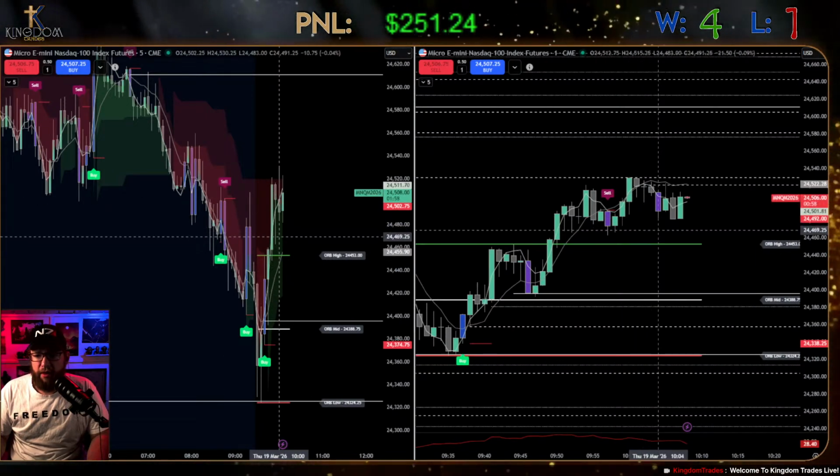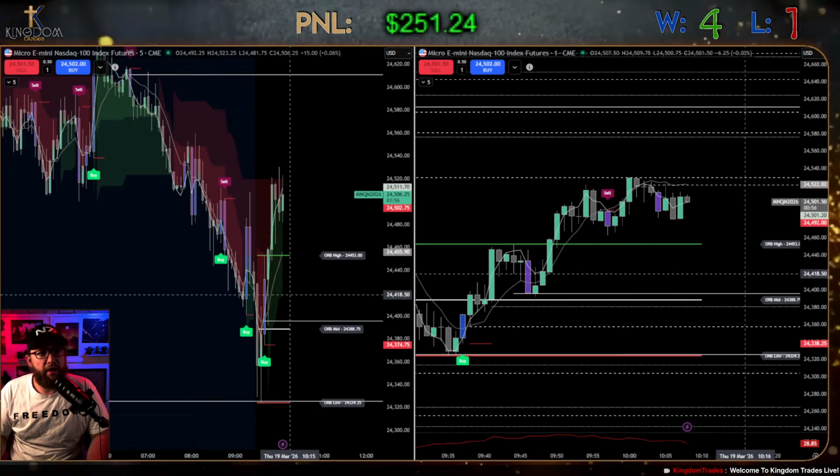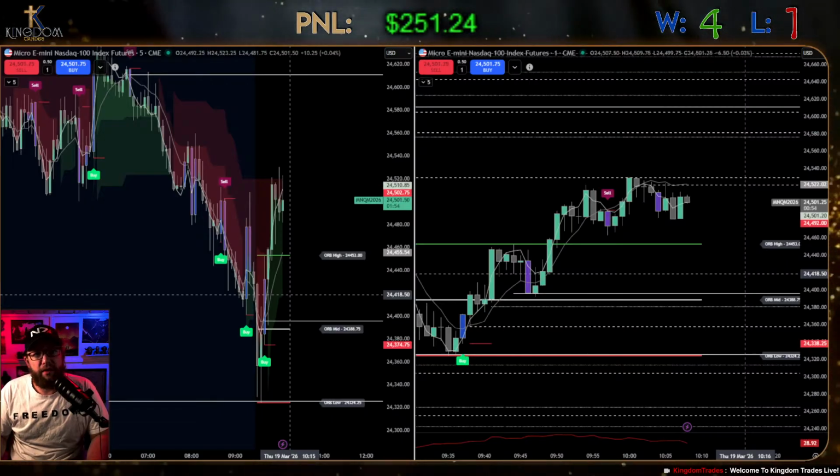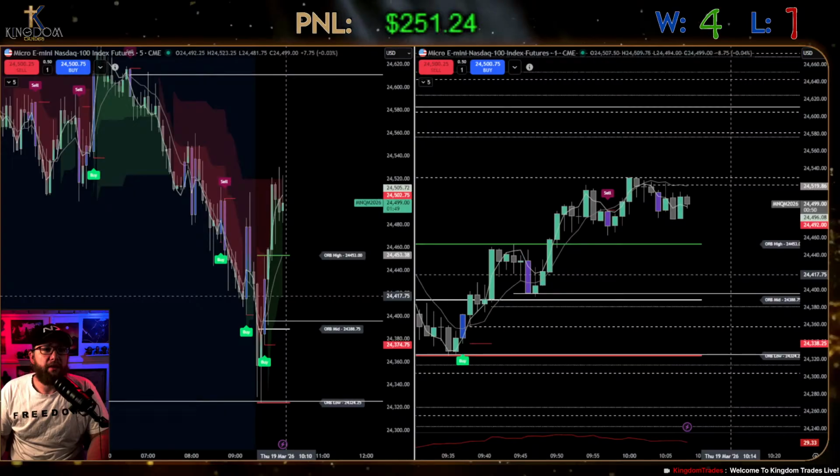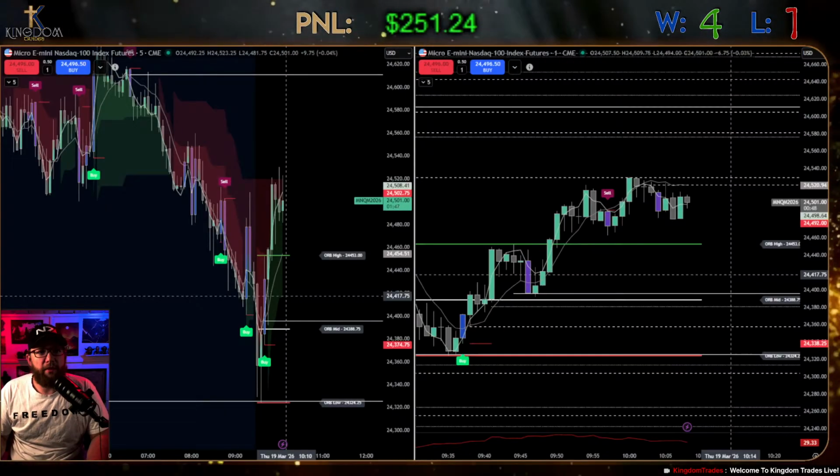I don't like it on NQ. SPX, I mean, it's still holding that. It's in the range. It broke range, broke back in. Did not hit the top of the breaking candle yet.